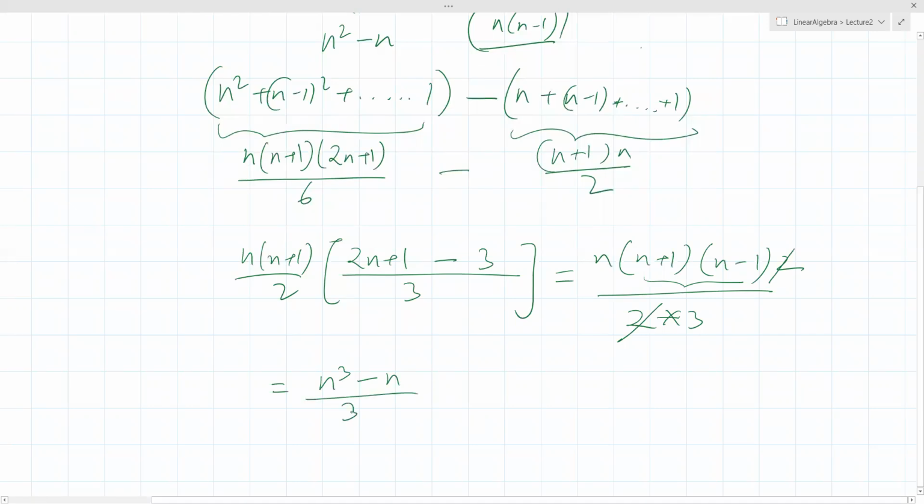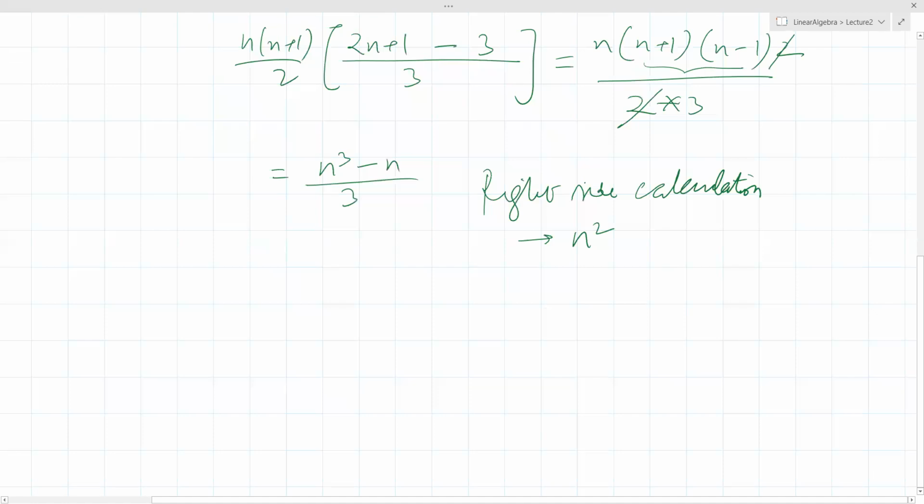I'll not go into the details of the right side, it's not really that important. If you do the right side calculation and also the back substitution, you'll get something which will be equal to n squared. What will be the total number of calculations?